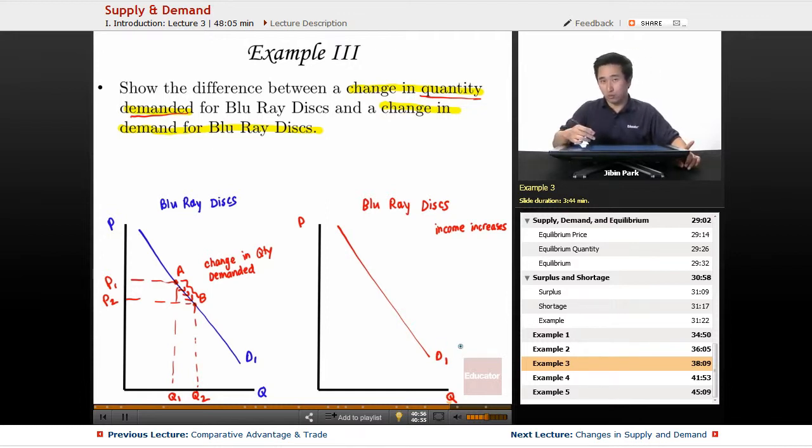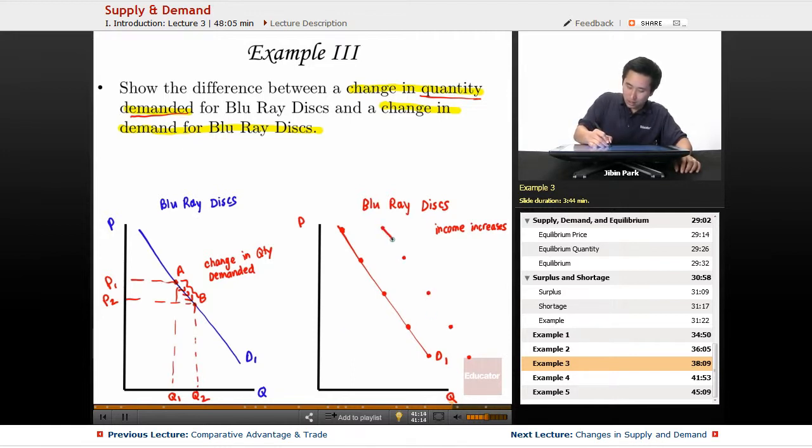The real way of looking at this is that the demand curve is really composed of different points. Instead of at this price point the quantity demanded being here, it increases here, and here, and here. When you plot the points, there's an increase in quantity demanded at every single point. So that's actually a change in demand.